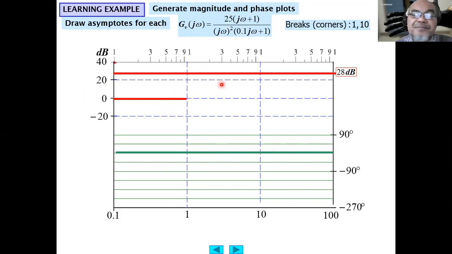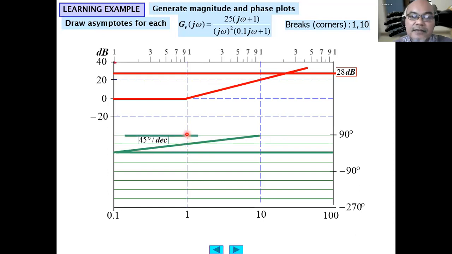Then the high frequency asymptote will be 20 log omega, increasing by 20 decibel per decade. Then the phase will increase from 0 degrees until 90 degrees with an increase rate of 45 degrees per decade. Then the asymptote will be 90 degrees after omega equals 10 radian per second.